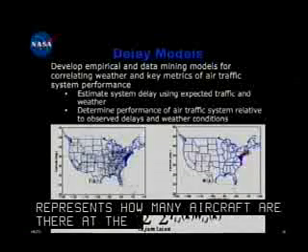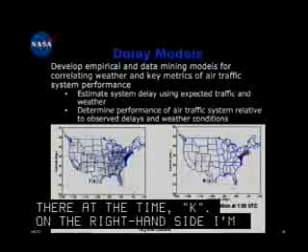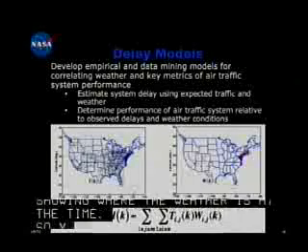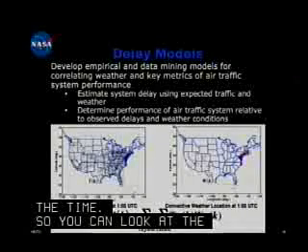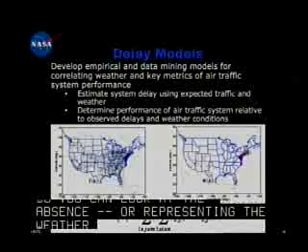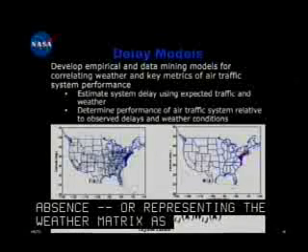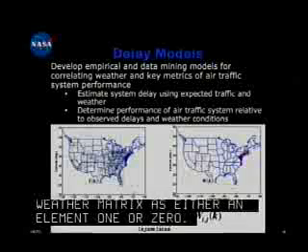I'm representing the weather matrix as either an element 1 or 0. It is 1 where there is weather at that time and 0 otherwise.